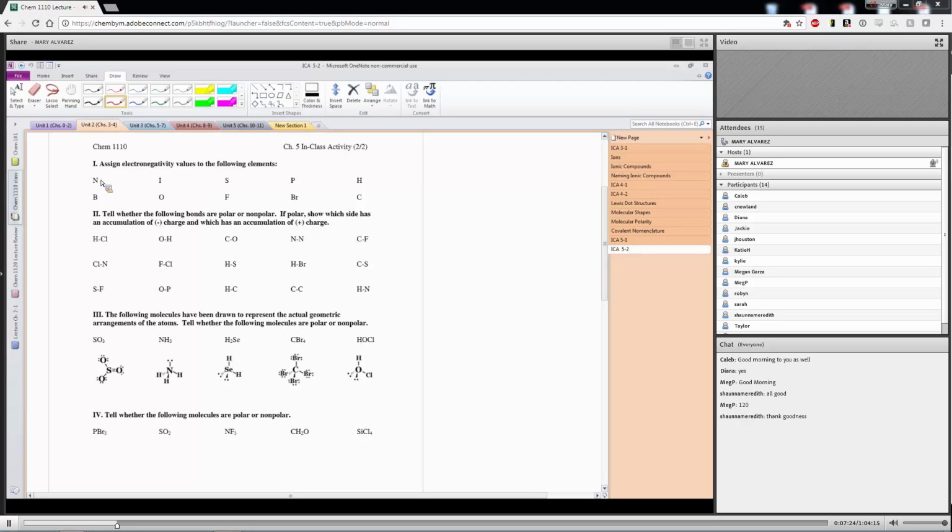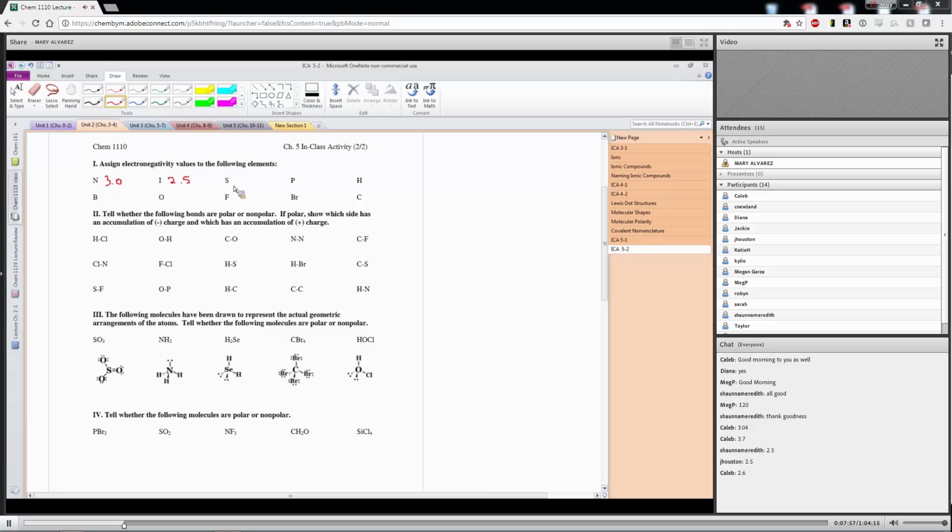Help me out here. Nitrogen is what, if you've got your book open? 3.04 or 3.0. We're not even going to worry about more than 2 digits. Excellent. What about iodine? 2.5. Okay. I don't have all these memorized, but I've got a good idea for most of them.